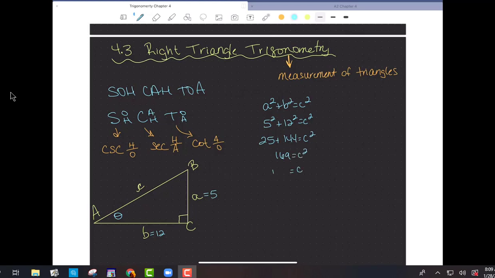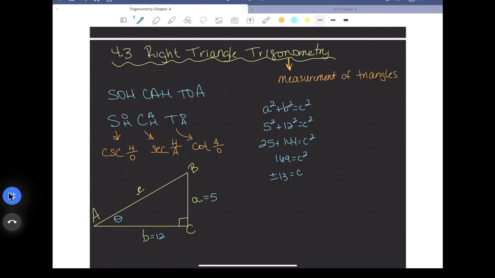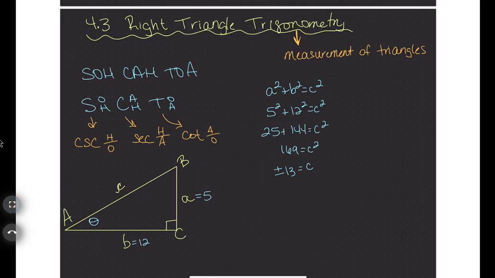C equals positive and negative 13, because we're taking the square root. Sorry guys, I didn't make that big for you. But we want C to be just the positive, because we're talking about a distance. We can't have a negative distance. So we know that C is 13.